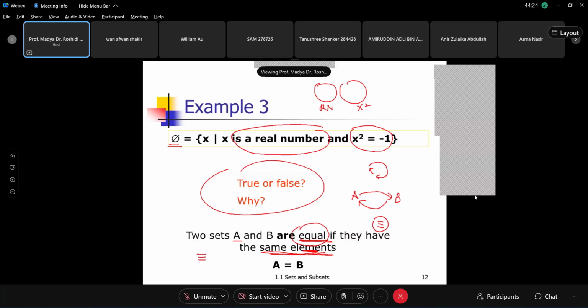It means we test from A to B, and we test from B to A, and both are equivalent. Once we say are equivalent, we utilize this symbol. So that's the difference between equal and equivalent. Later, I will explain more detail about equivalent.